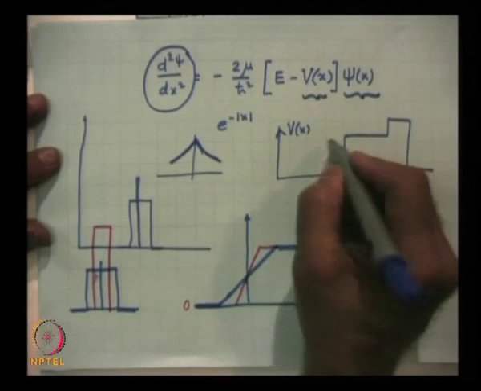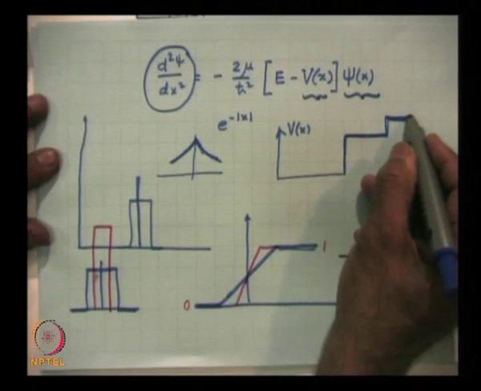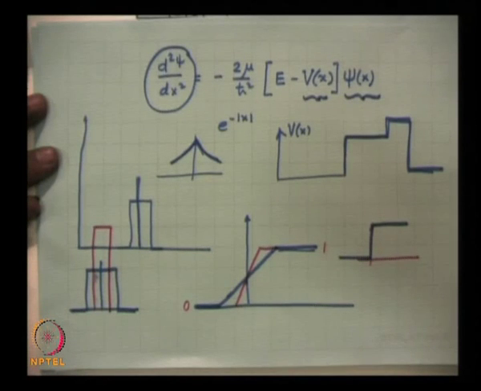So, therefore, if v of x has a step discontinuity, then the wave function has to be continuous at this discontinuity, and its derivative also has to be continuous, I am sorry.